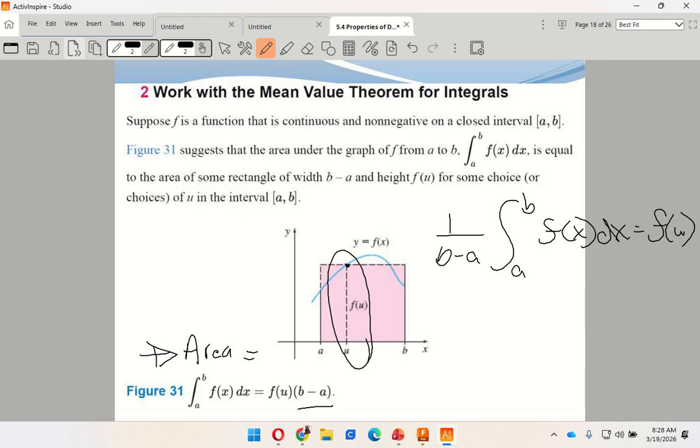And f of u implies what, that y value? Because all this means it's the area, and area basically is width times height. The width is my b minus a. My height is going to be my f of u.